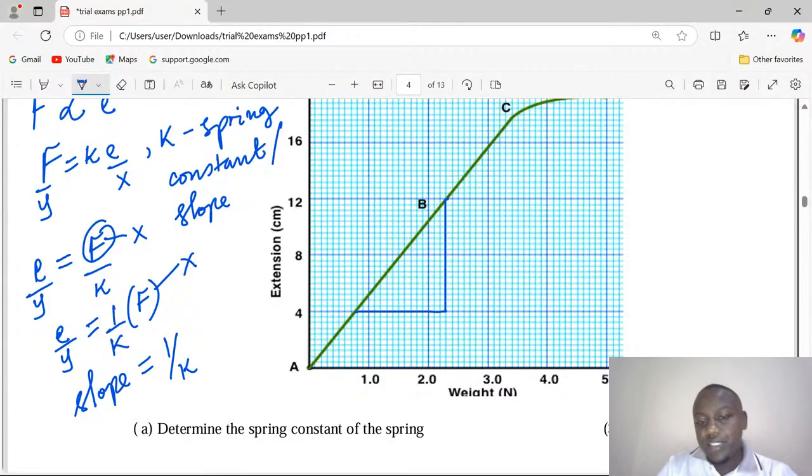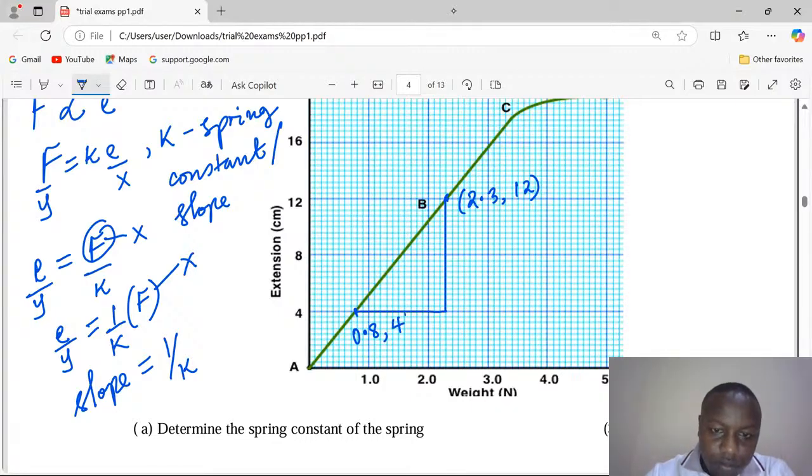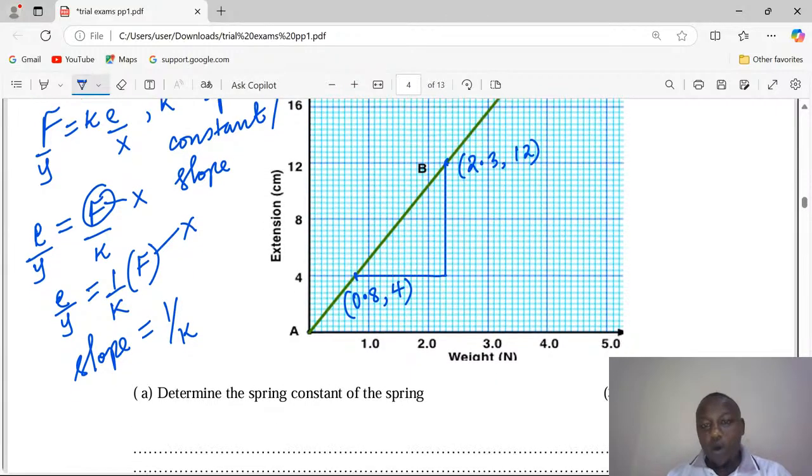The coordinate near B is going to be 2.3, 12. And the other one, down here, we have 0.8, 4. So we have picked 2 coordinates which are lying on the line.